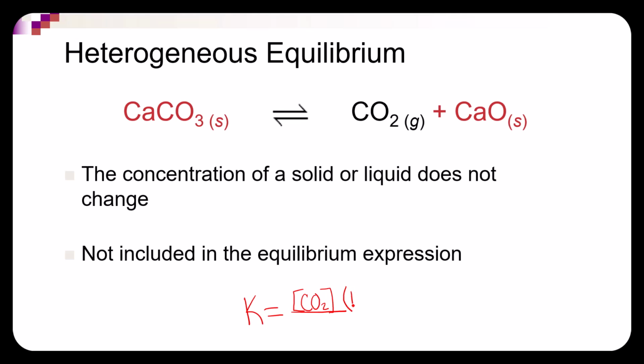However, if you would like to replace it with the number 1, just so your brain is like, hey, I acknowledge it's there, but I'm not including it, that would be fine. And then, products over reactants, our reactant is also a solid. We also don't include that. So the K expression ends up being just the concentration of carbon dioxide. That's it. That's the equilibrium constant for this one.